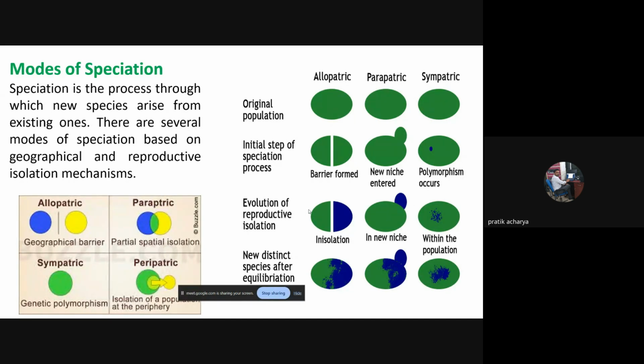There are several modes of speciation based on geographical and reproductive isolation mechanisms. Allopatric speciation, parapatric speciation, sympatric speciation, okay, peripatric speciation. So these are different modes of speciation. Some diagrammatic presentations are there. We are going to discuss each and every one by one.